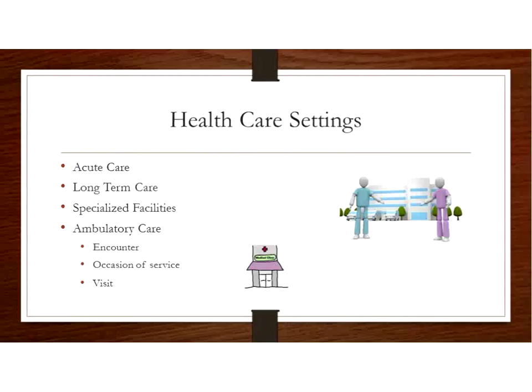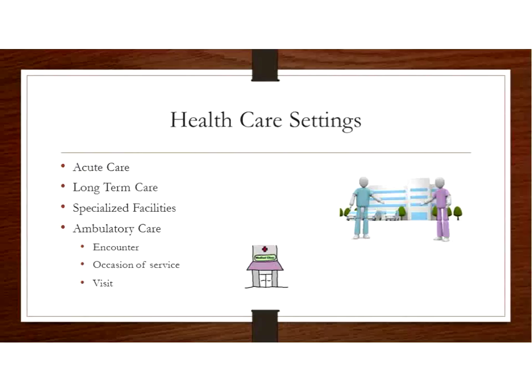But when you're looking at ambulatory care, you also have these different levels that they talk about in terms of ambulatory care. You have what we call encounters, occasions of service, and visits, and they do manage and keep up with this type of information on how many encounters they have, how many occasions of service, how many visits.